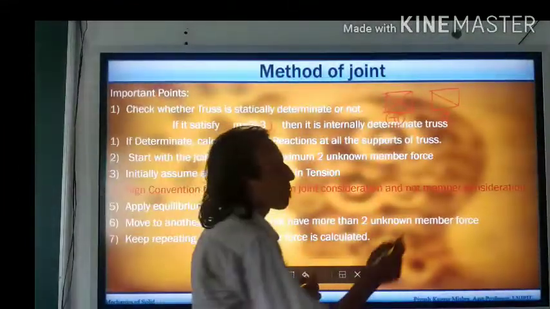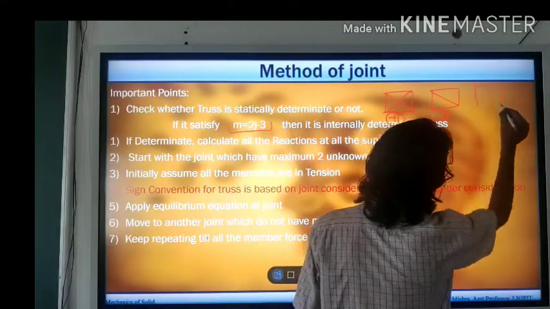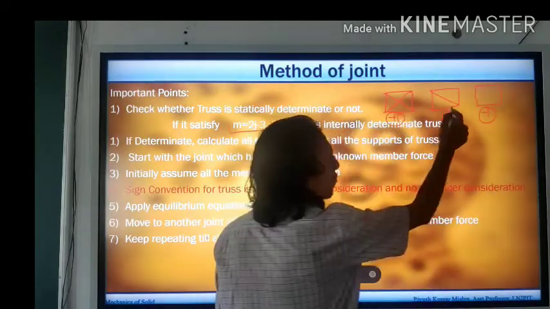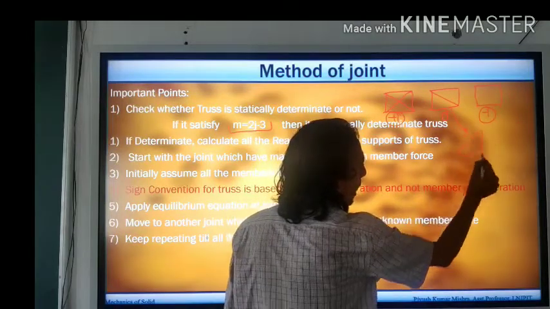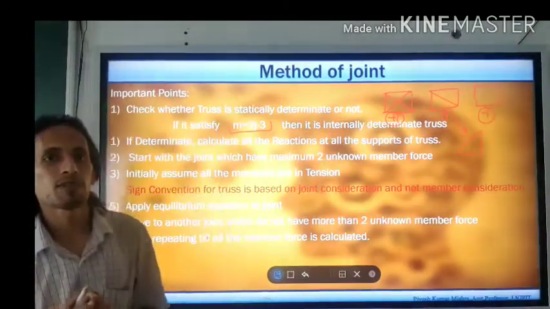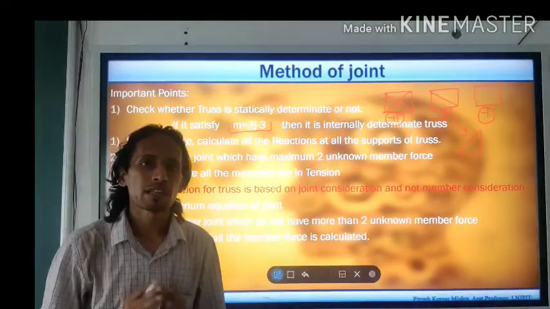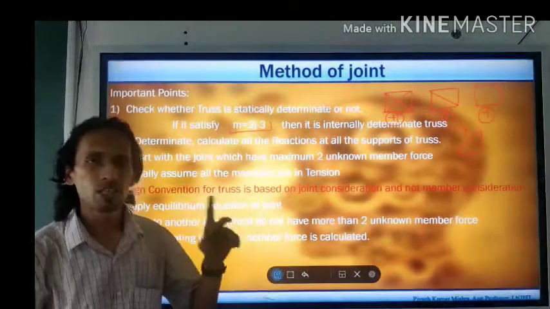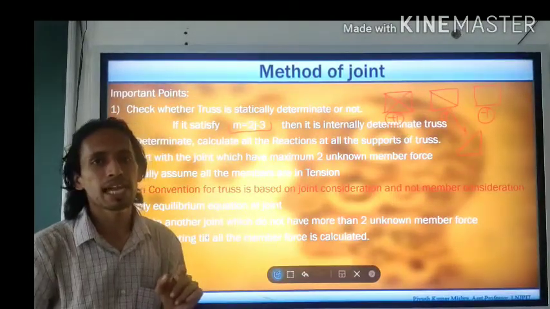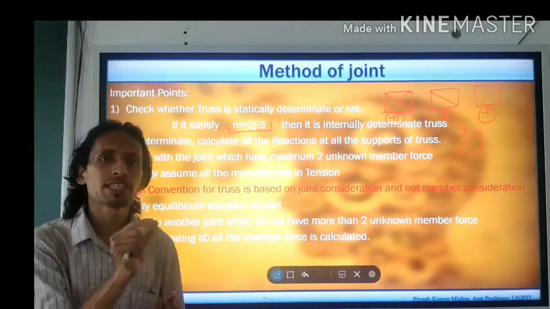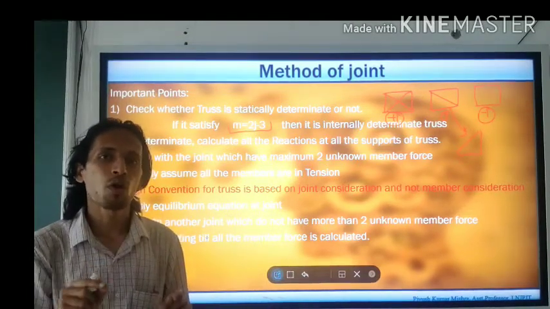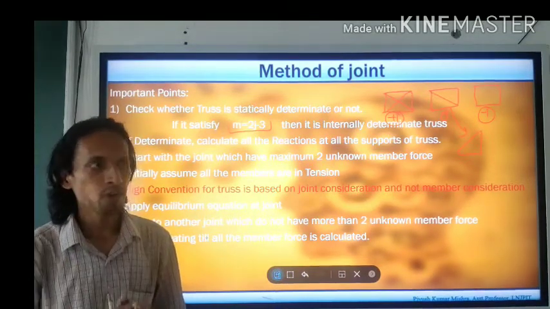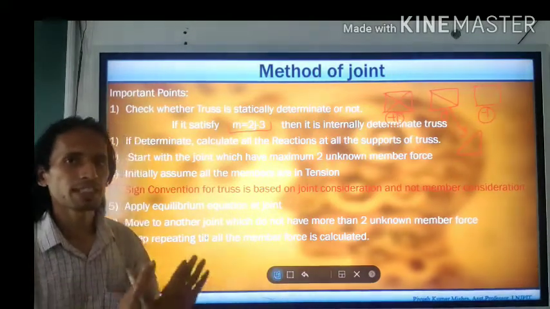If no diagonals are present, then it is -1. What this means is, if it is in the form of clear triangulation where there is no intersection of diagonals, the indeterminacy is 0. So you have to count the panels and see whether it is determinate or indeterminate, or what the value of static indeterminacy is. You should check it as a first step.